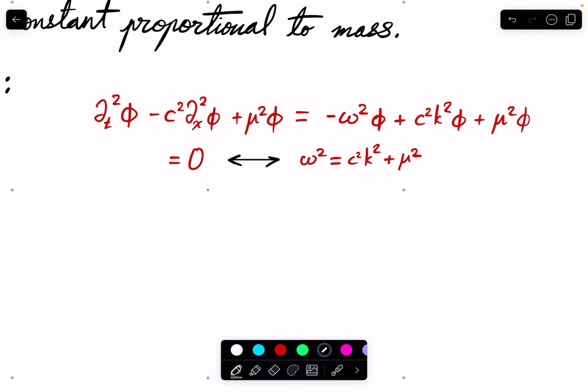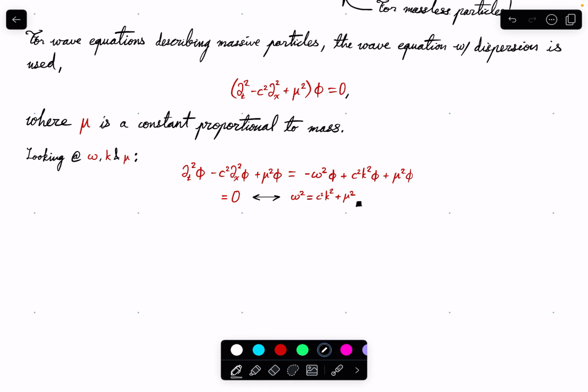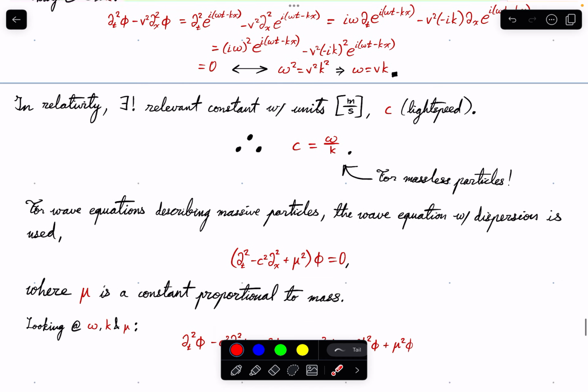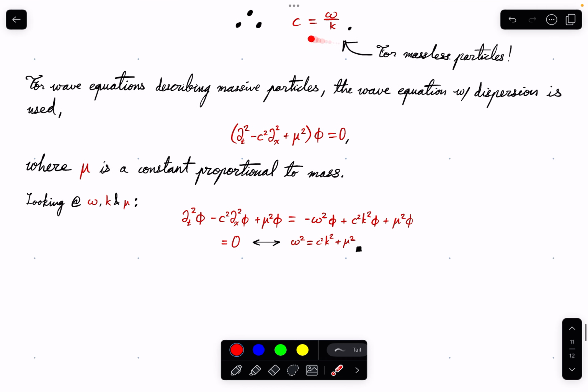So now there's an extra term. And in the case that this is massless, then mu is equal to 0, and that reduces to the massless case.